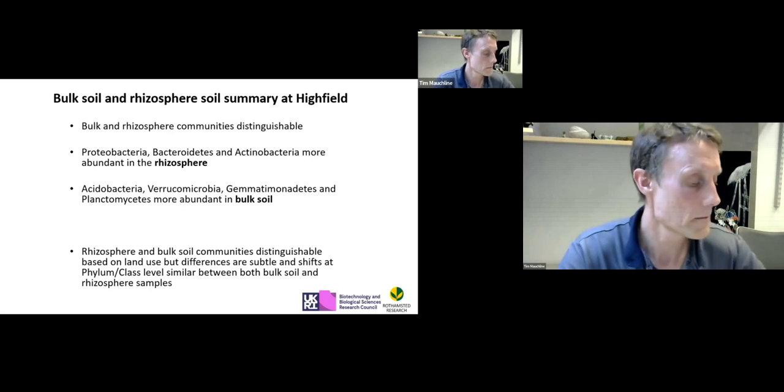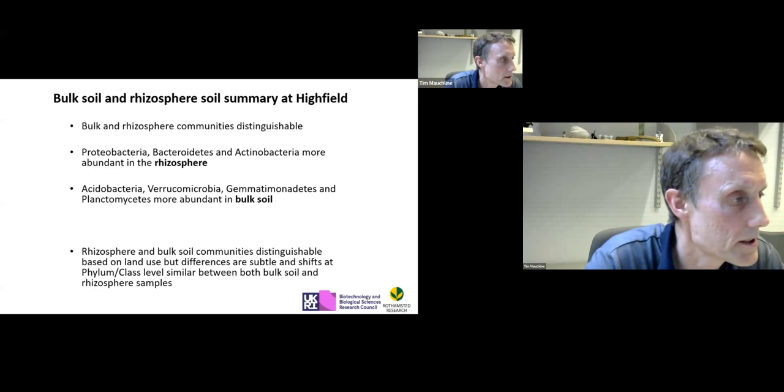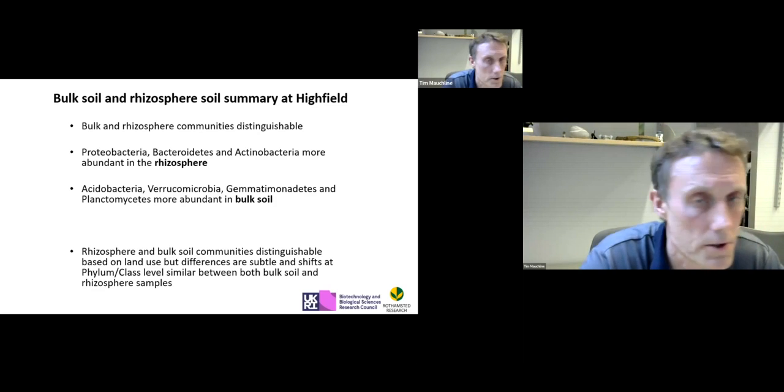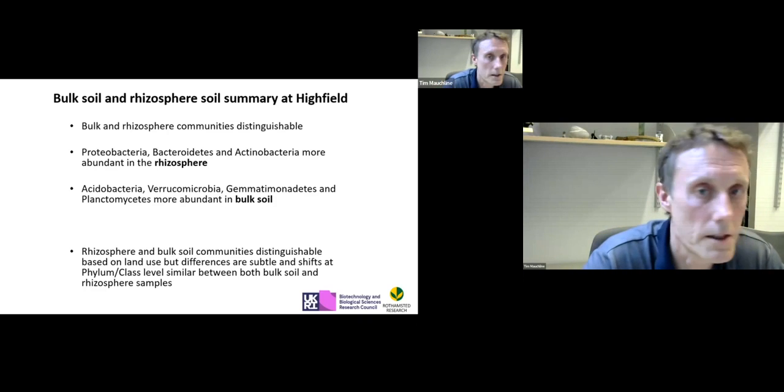So to summarize that part of the talk, we can see that bulk and rhizosphere communities are distinguishable. The proteobacteria, Bacteroidetes, and the actinobacteria are more abundant in the rhizosphere.